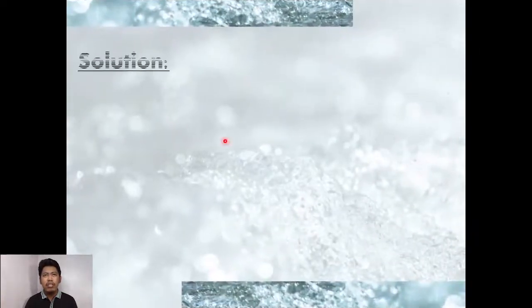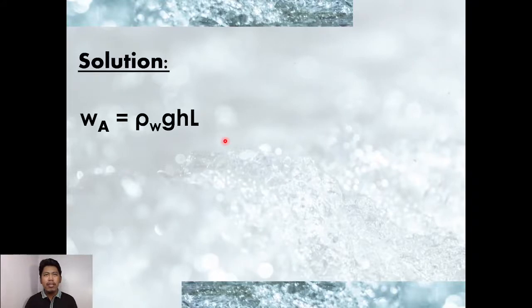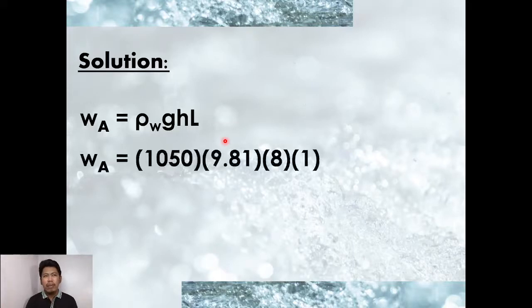With our solution, how do we get the weight, from the top of our surface down to the bottom of the wall? We use this formula, rho g h L. Since gamma is not given and we have the mass density rho, we use rho g. We have the rho of water, given earlier as 1,050 kg per cubic meter.